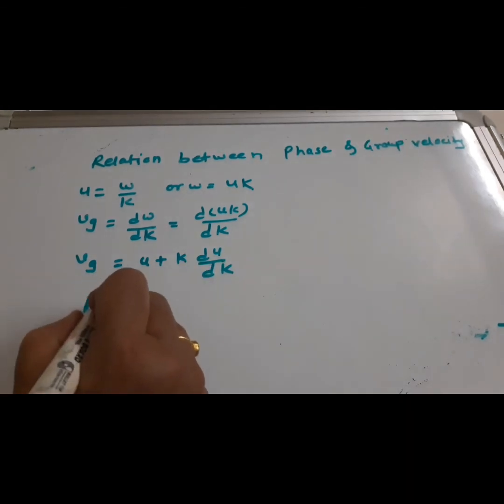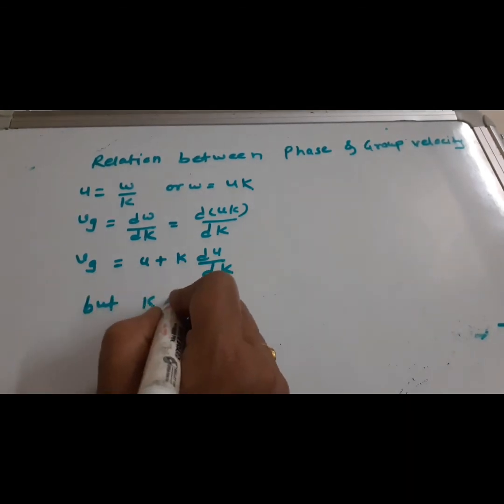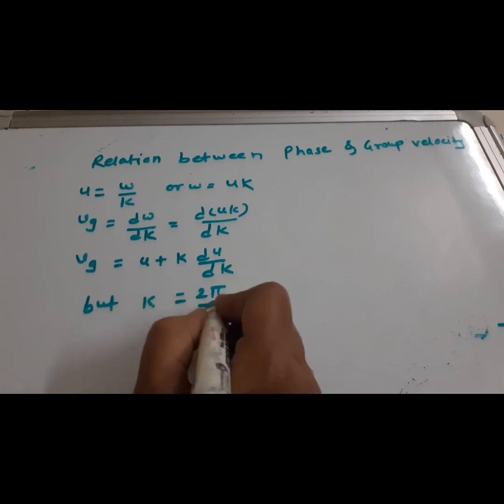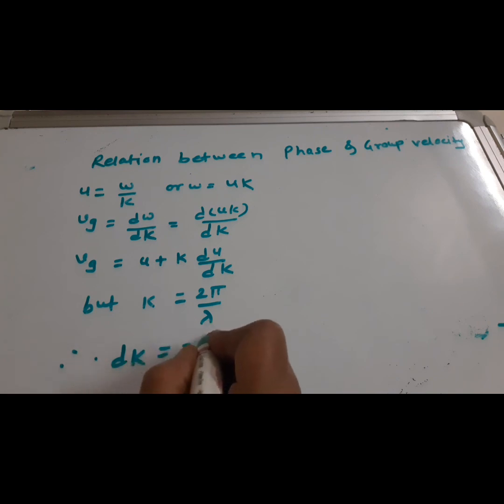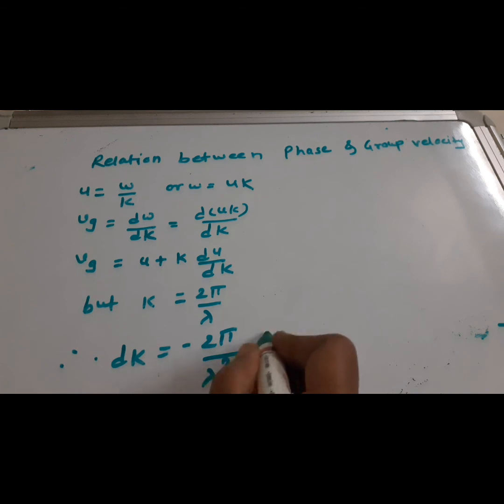But we know that k is equal to 2 pi by lambda. Therefore dk is equal to minus 2 pi by lambda square into d lambda.